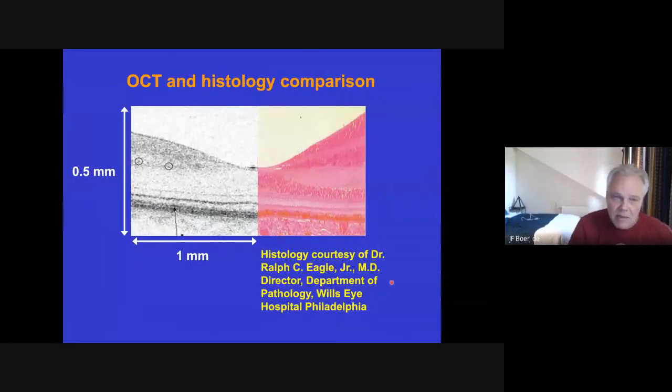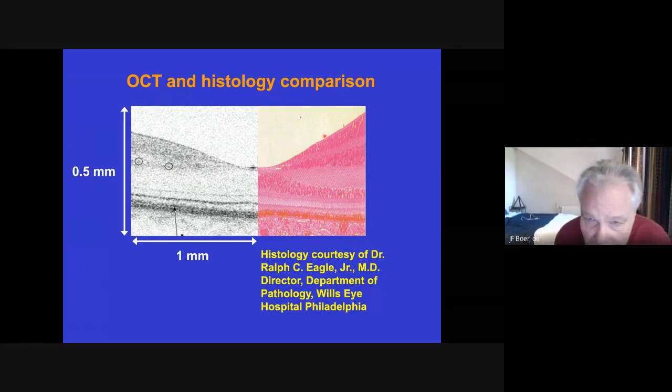And this is an example where we compare the retina itself, an OCT image, with histology obtained from a textbook. Histology, as I told you, takes a small slice of tissue and stains it, in this case with hematoxylin, which colors the nuclei and other structures slightly red.